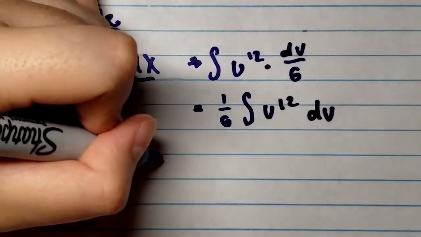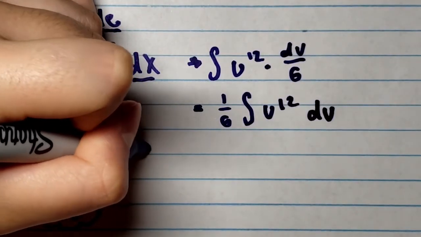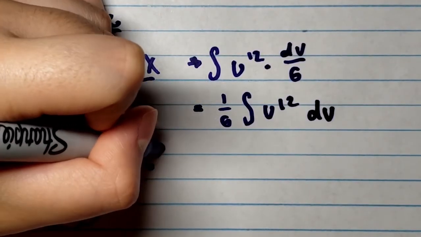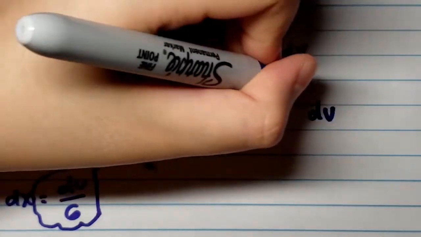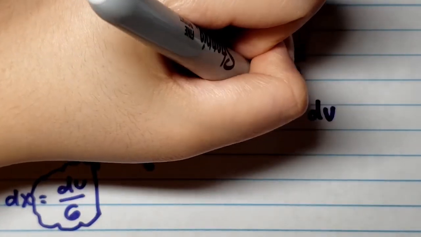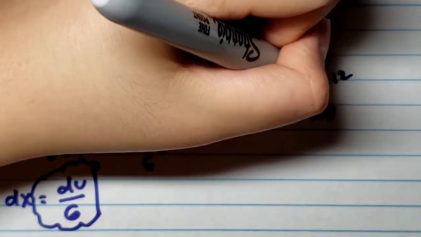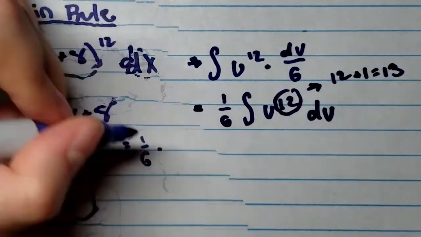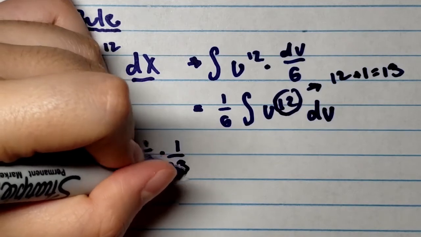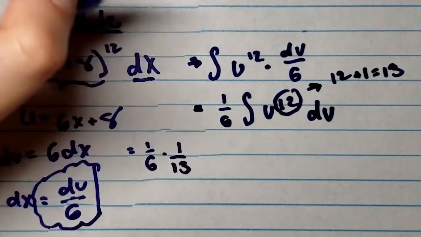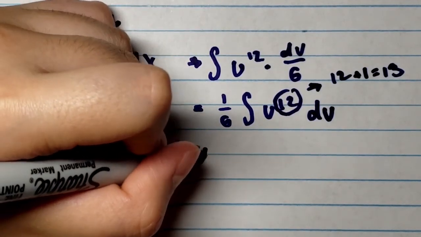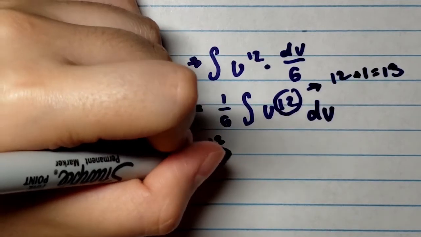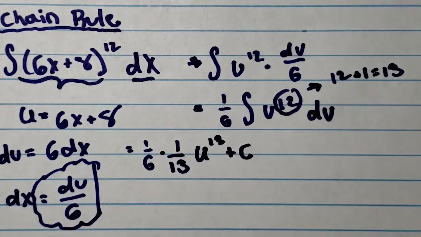And then since 1 over 6 is a constant, you can factor that outside and then use the power rule, or rather chain rule, from here on. And then solve for the antiderivative.